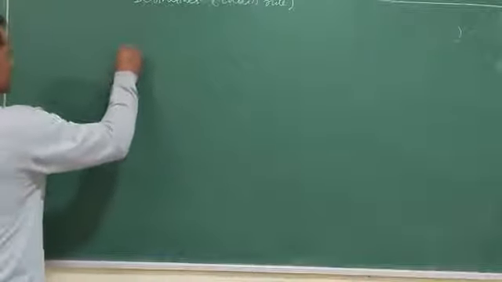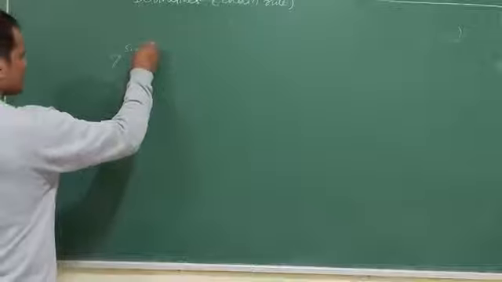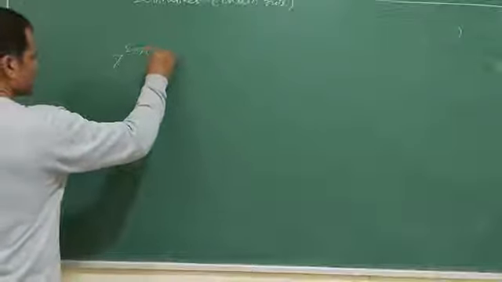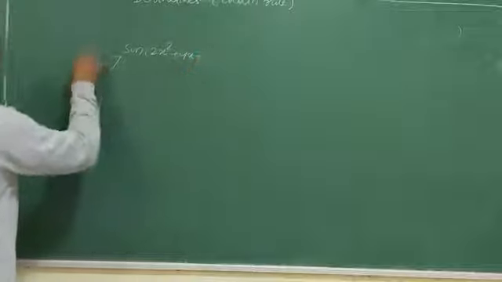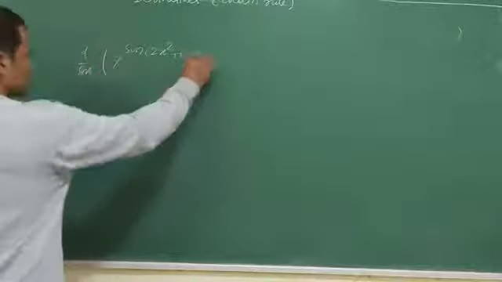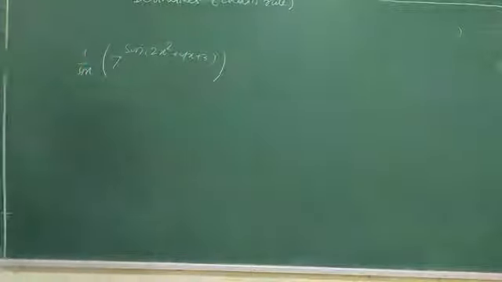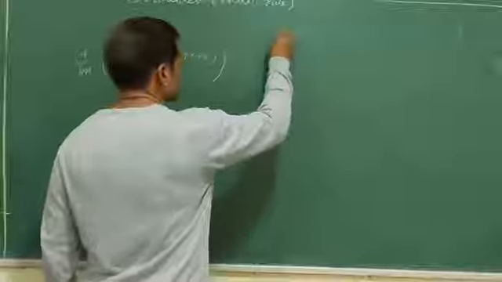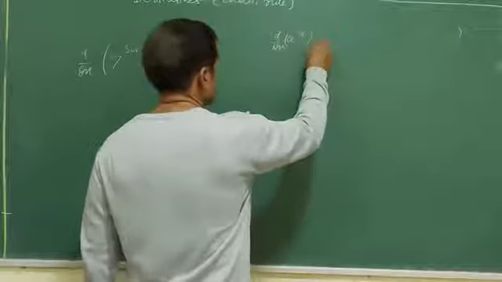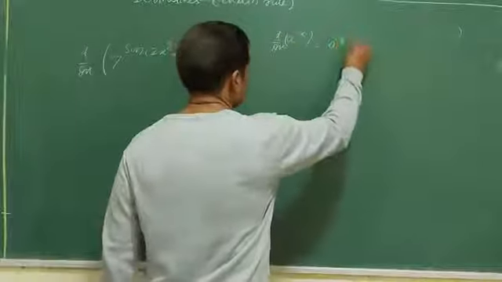7 to the power sin 2x square plus 4x plus 3, dy by dx. It comes under which formula? A to the power x. This comes under the formula a to the power x. What is the derivative of a to the power x? A to the power x into log e a.